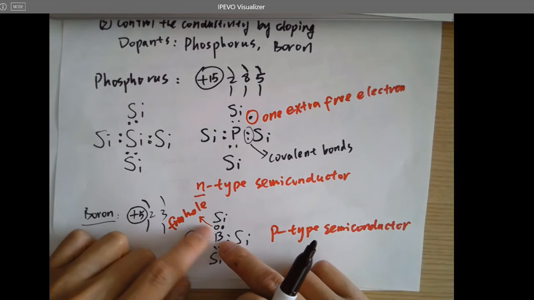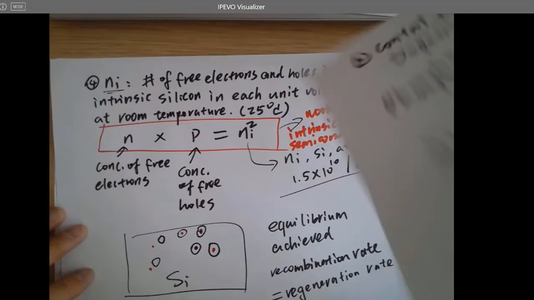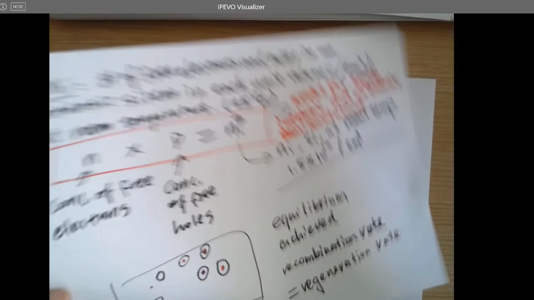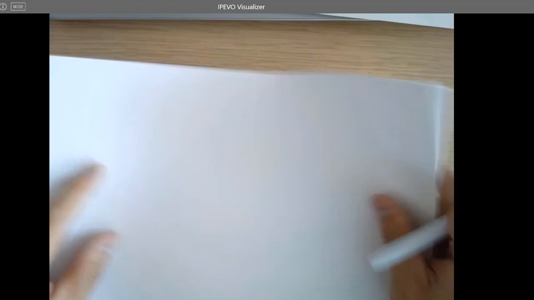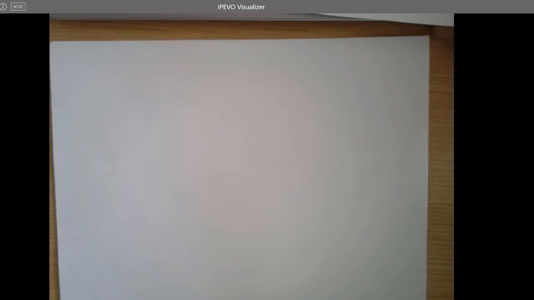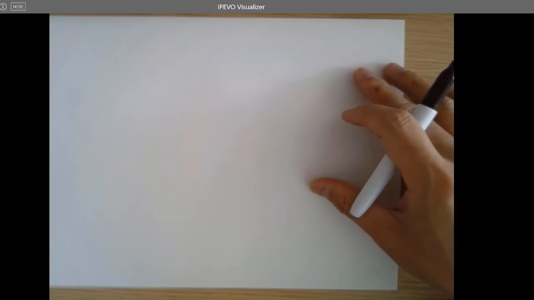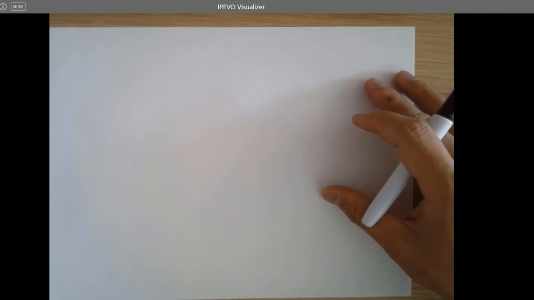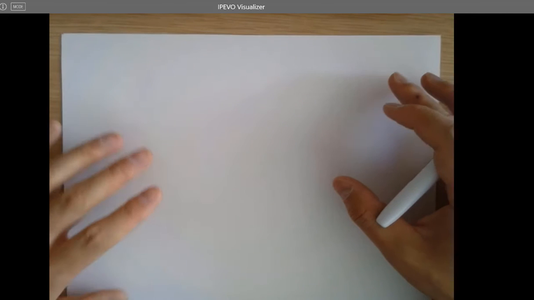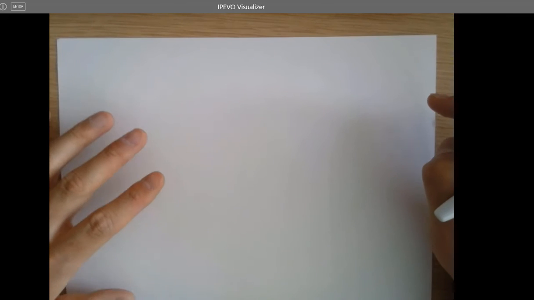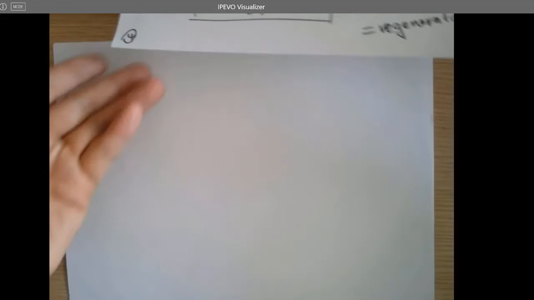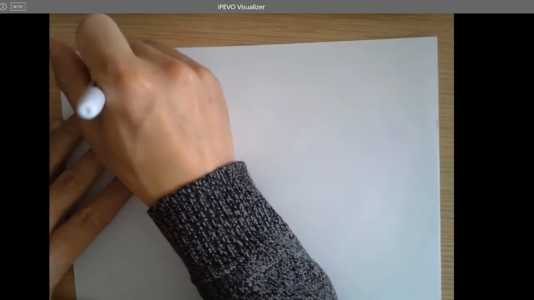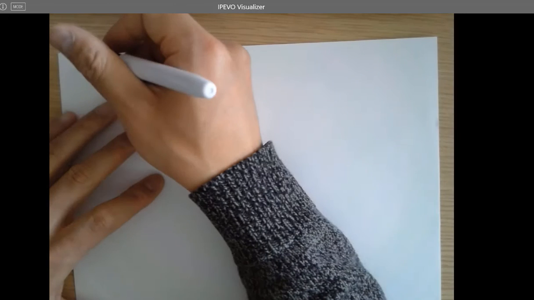All right. So if we dope a piece of silicon with phosphorus, and we know that because we can control the fabrication process, we know the concentration of phosphorus we have doped into that silicon.